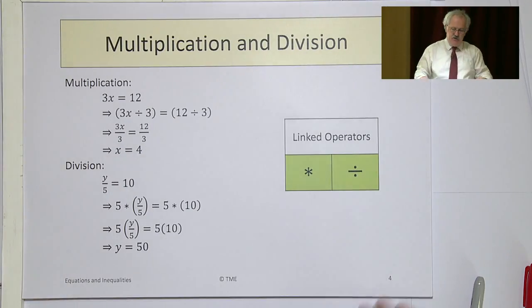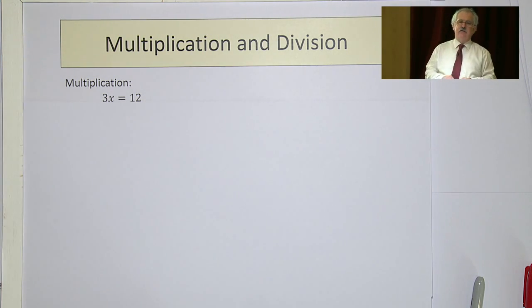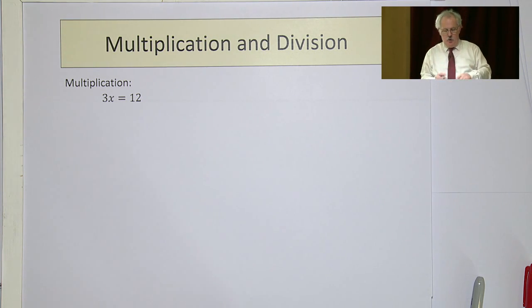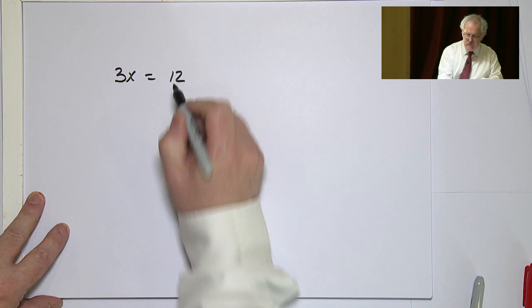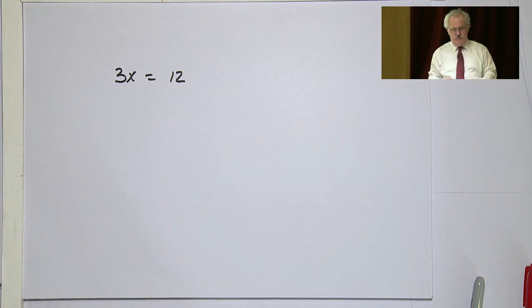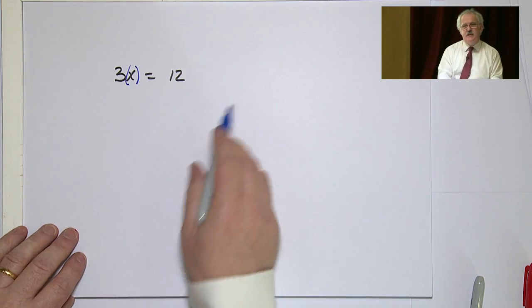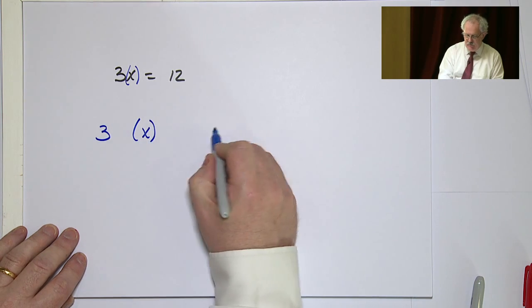Now let's take the next two, multiplication and division. Somebody says to you that 3x is 12. I went in and I bought 3 bars of chocolate and they cost me 12 quid. What did each one cost me? So multiplication, 3x is 12. What's x? 4. Again, straight off the top, there's no gap there. But we could say that 3 is a multiplication. So it's 3 times x. So we say 3 times x is 12.